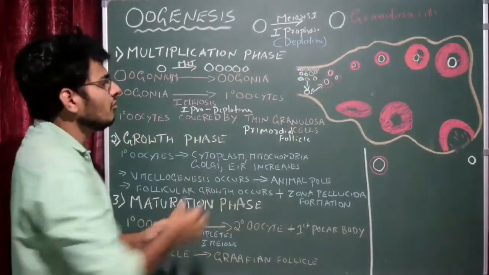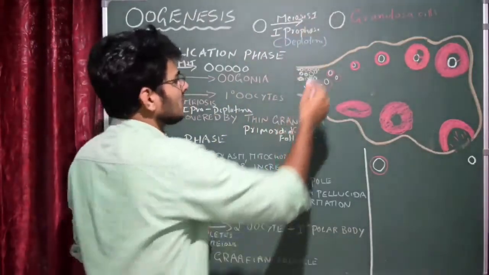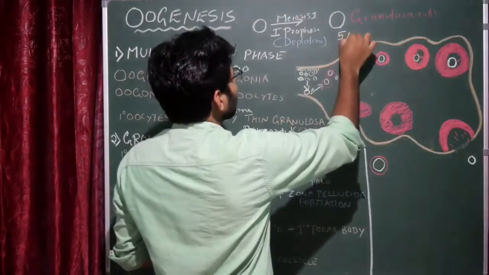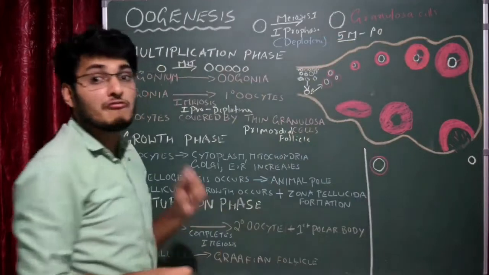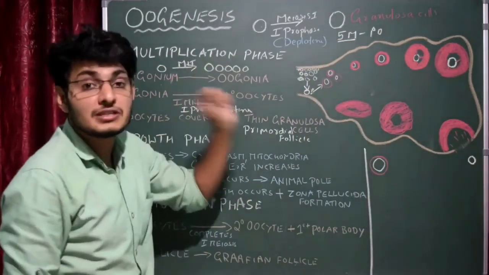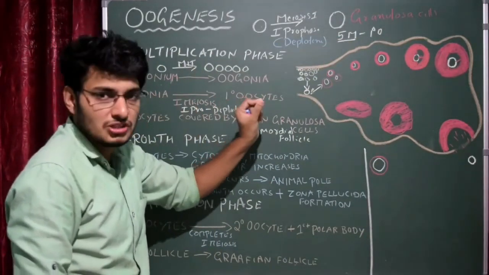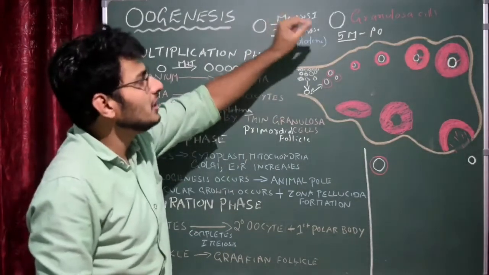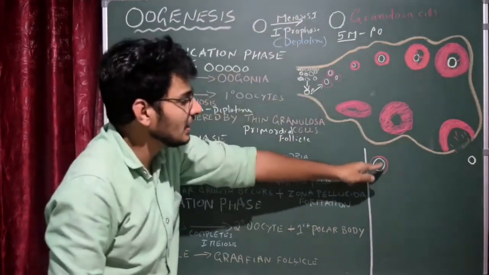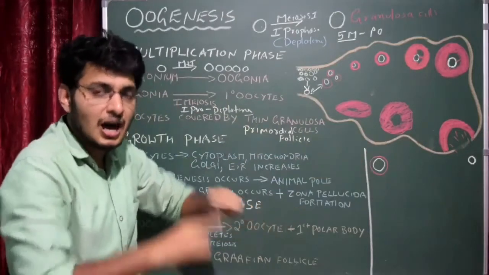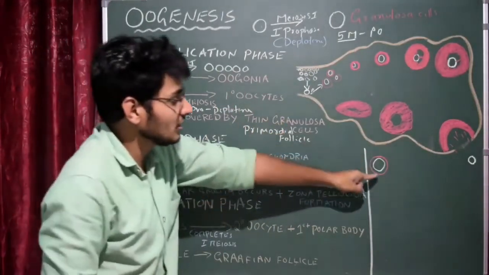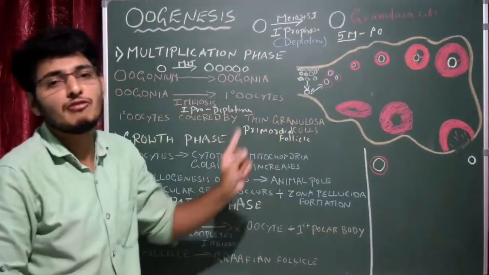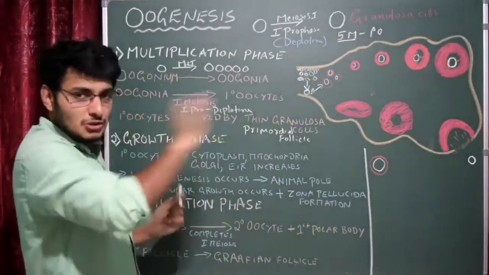If I give you the specific number, before the birth 5 million primary oocytes are there within the ovary. This is the thing to remember. Each of the 5 million primary oocytes is surrounded by a thin layer of granulosa cells. So now imagine how many primordial follicles are there. 5 million primordial follicles are there now. This is the thing to remember.